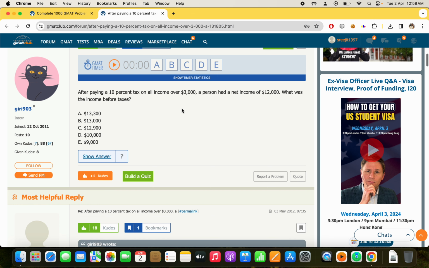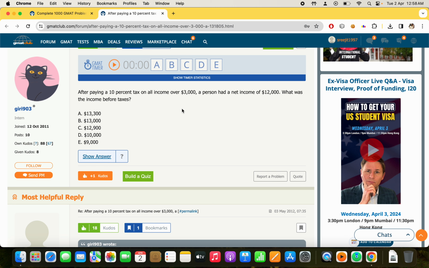After paying a 10% tax on all income over 3000, a person had a net income of 12,000. What was the income before taxes? If I go by the options, is it matching anything?